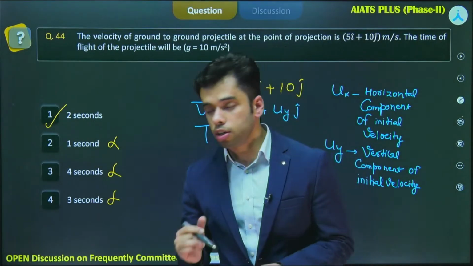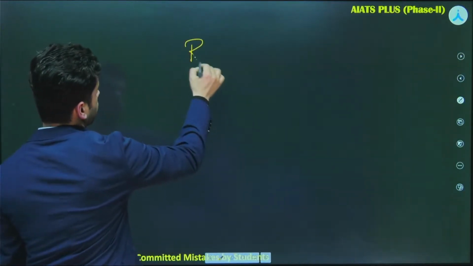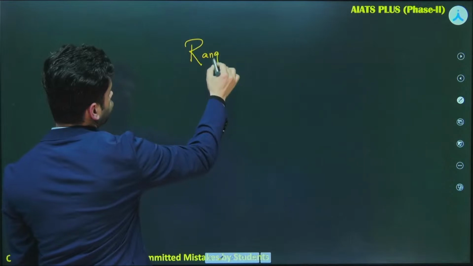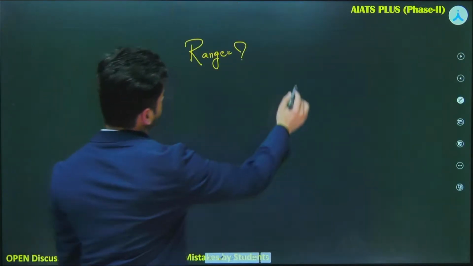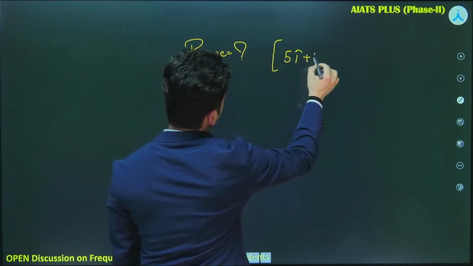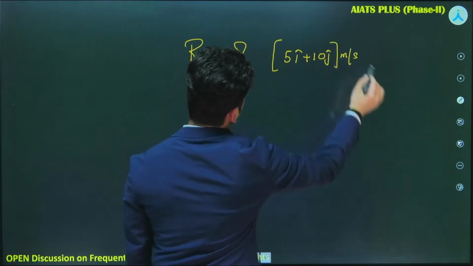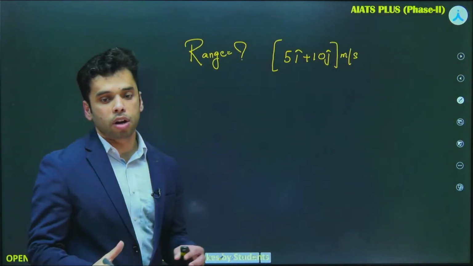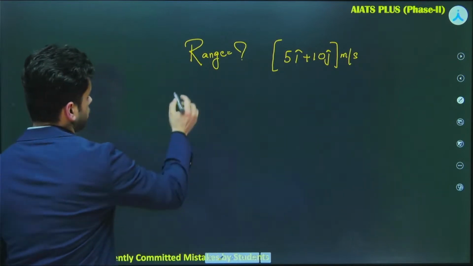Now, dear students, if you understood the problem, help me find out the range of the projectile. What should be the range of the projectile if the initial velocity of projection is 5 i cap plus 10 j cap meter per second? Anyone, if you are able to find out the range, put the answer in the comment box. Till then, I'll find the range for you.